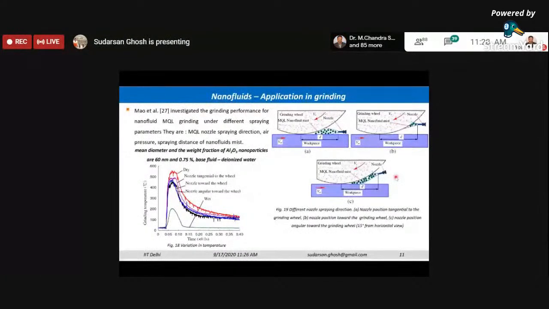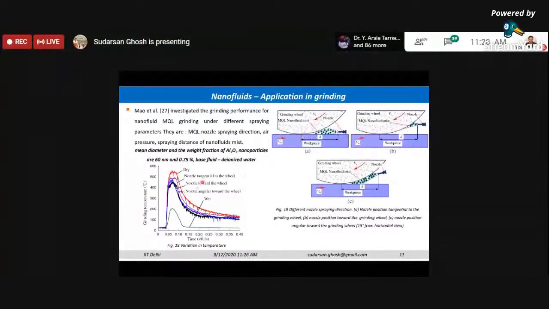Another research paper which we studied gave us an indication about the grinding temperature. This grinding temperature is related to how efficient the cooling process is. If the cooling process is efficient, the grinding temperature will come down.